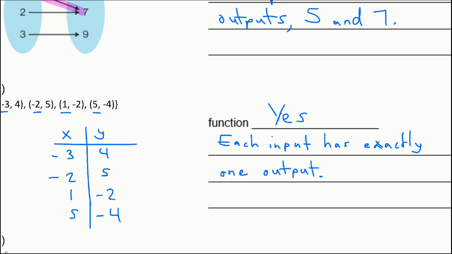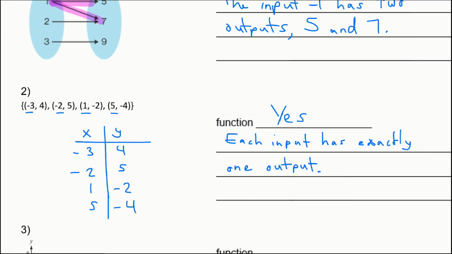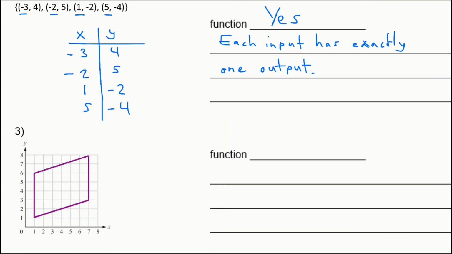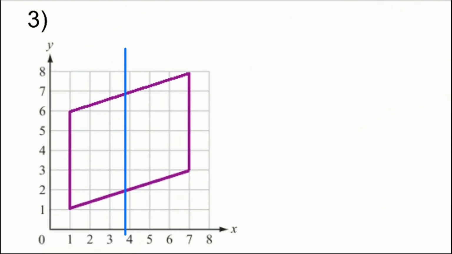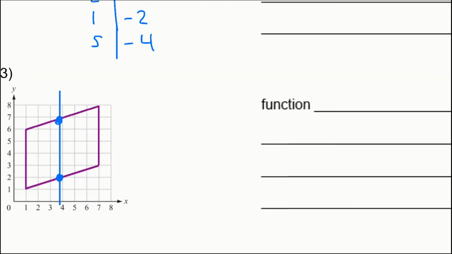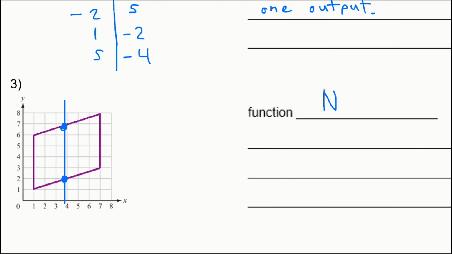All right, 3 and 4 we talked about in class. For 3, you should use the vertical line test, and if your vertical line hits 2 or more points on the graph, it is not a function. So, function? Nope, not a function.